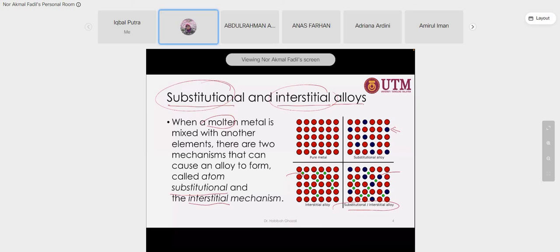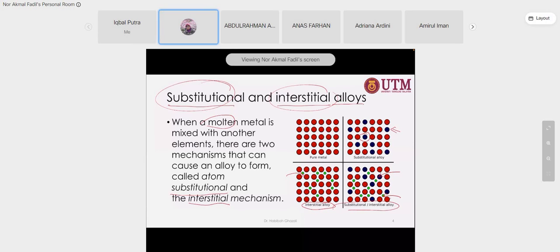One is an alloying element having a small size compared to the other element, which can produce an interstitial alloy, and a foreign element of similar size can produce a substitutional alloy. So from one chapter to another, it is interrelated. That's why you have to learn the earlier parts compared to another topic.